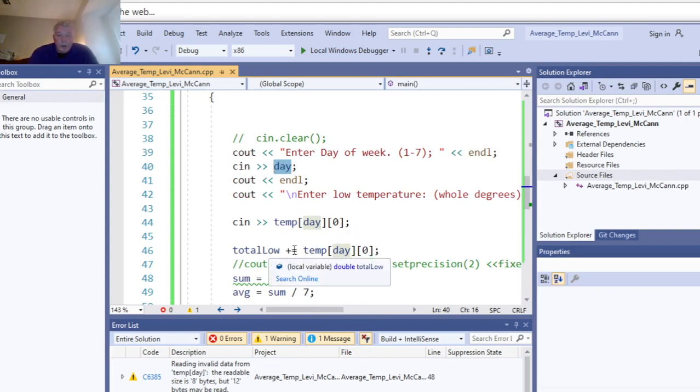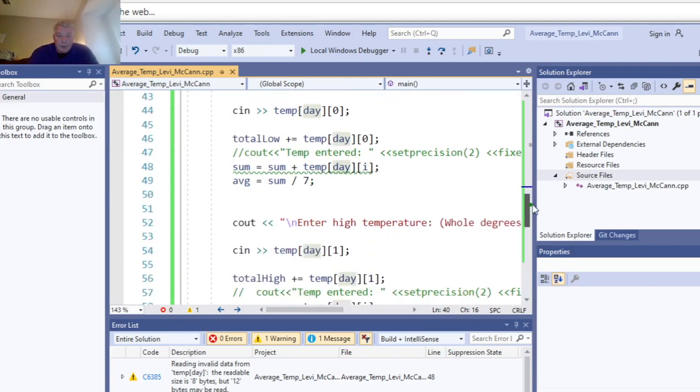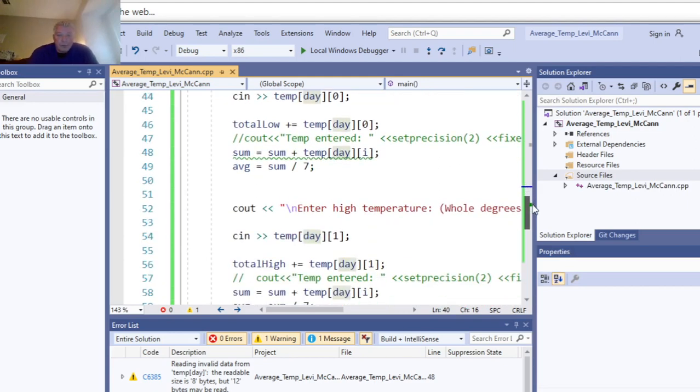Total low is, so you add the temp plus the day to the total low. The sum equals sum plus temp of the day plus your integer, whatever day value you have. And your average is the sum, which is here, divided by 7 days.